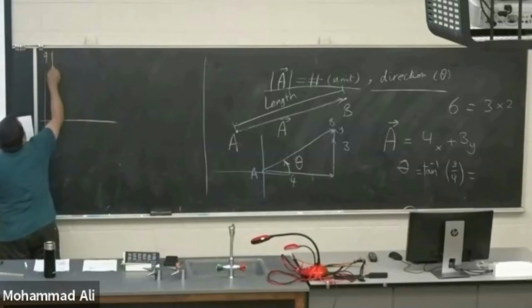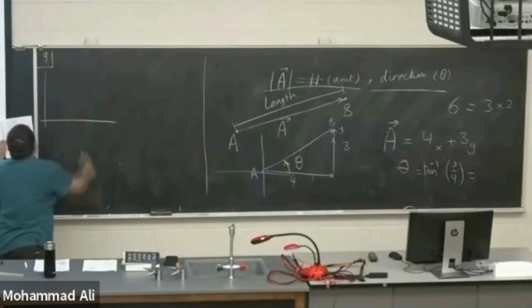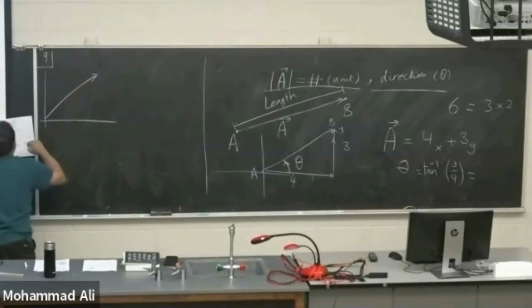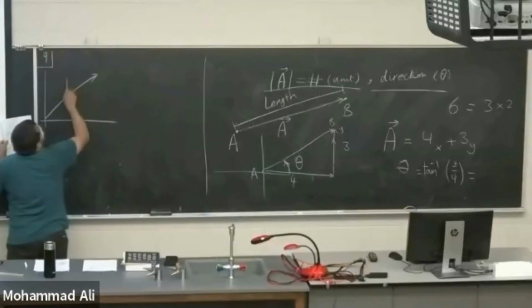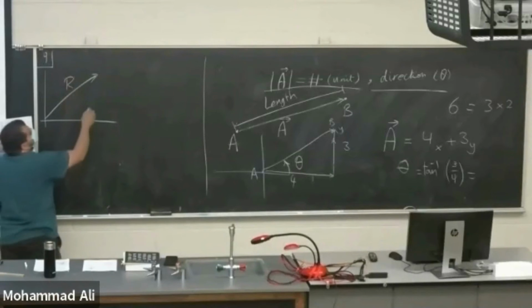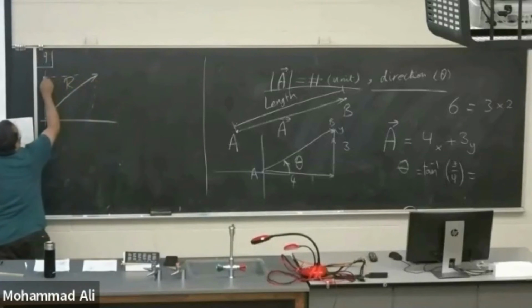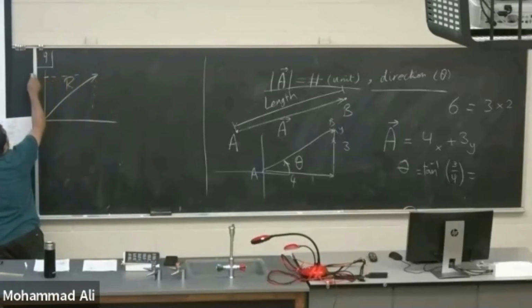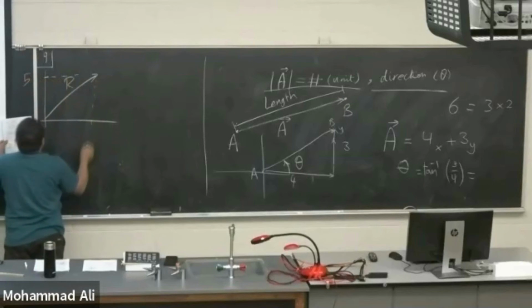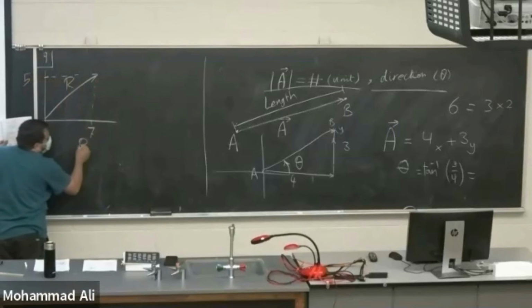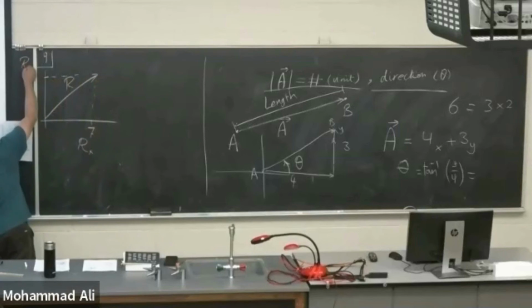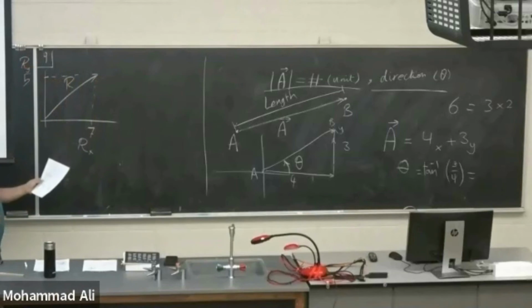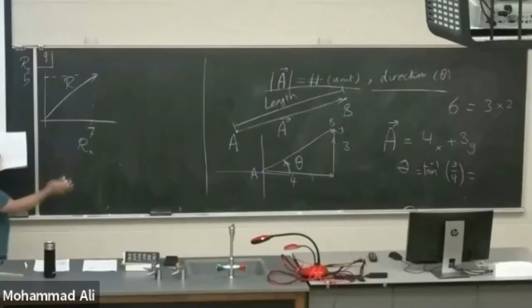I have this vector, and the name of the vector is R. The y component of R is 5 and the x component is 7. I name them Rx and Ry. It's logical to name it like this because we have X and Y.